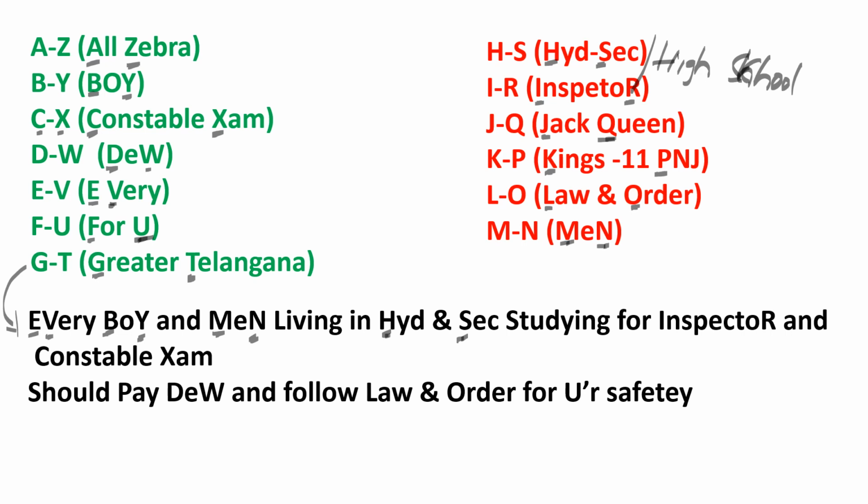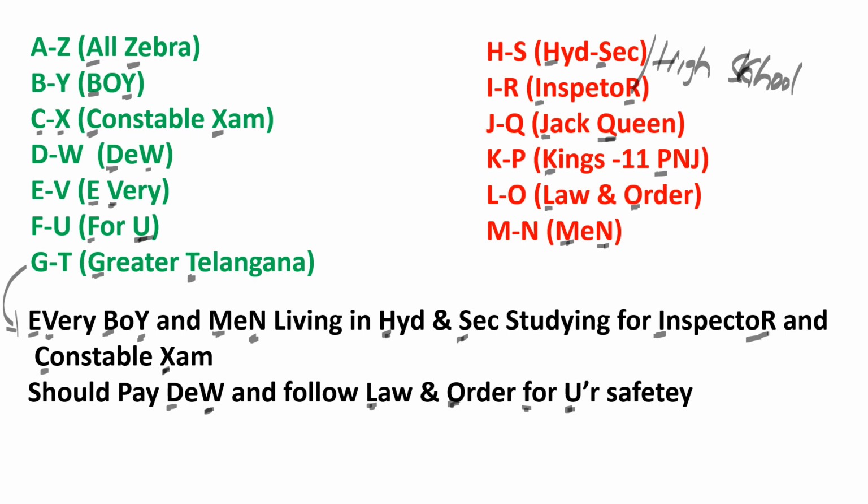Studying for inspector examination, IR, inspector examination, and constable examination, inspector and constable exam should pay due, DW, opposite pair, and follow law and order, LO, law and order for your safety. So some of the opposite pairs are interpreted here. If you can remember this statement also, you can remember the opposite pairs.